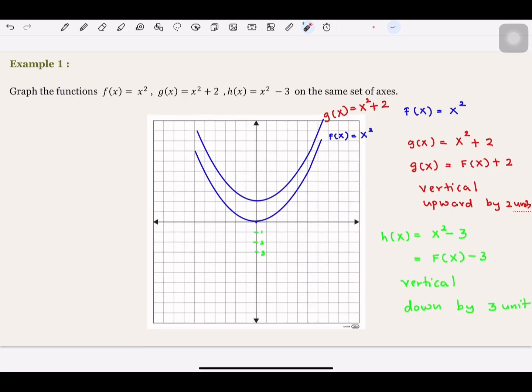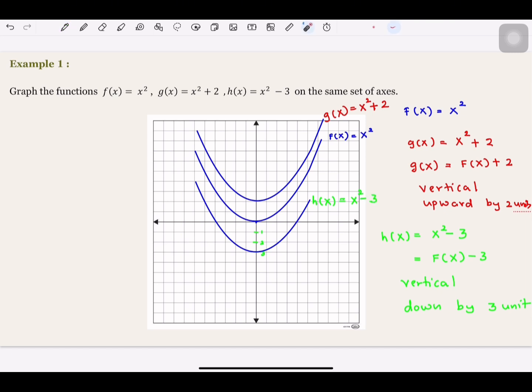Just copy this down, and then move this graph 3 units down. Okay, I have my function and I'm going to move this 3 units downward. 1, 2, 3. So this one over here, this is my h of x. So h of x is this function. So this is how you do this.